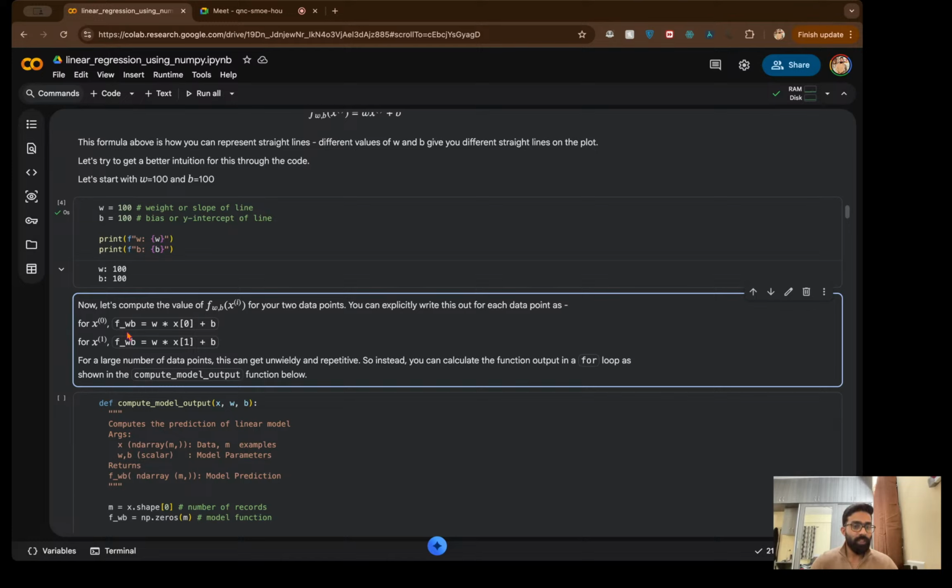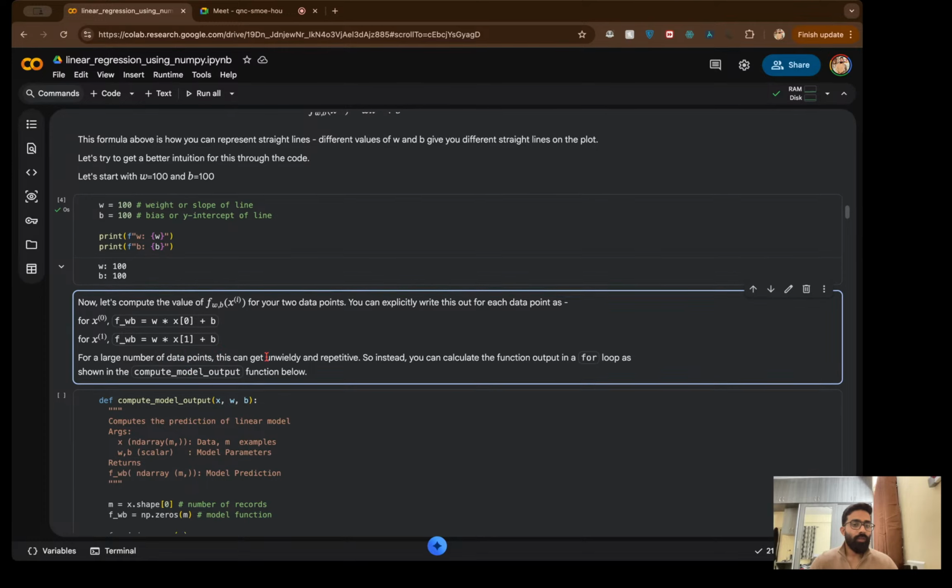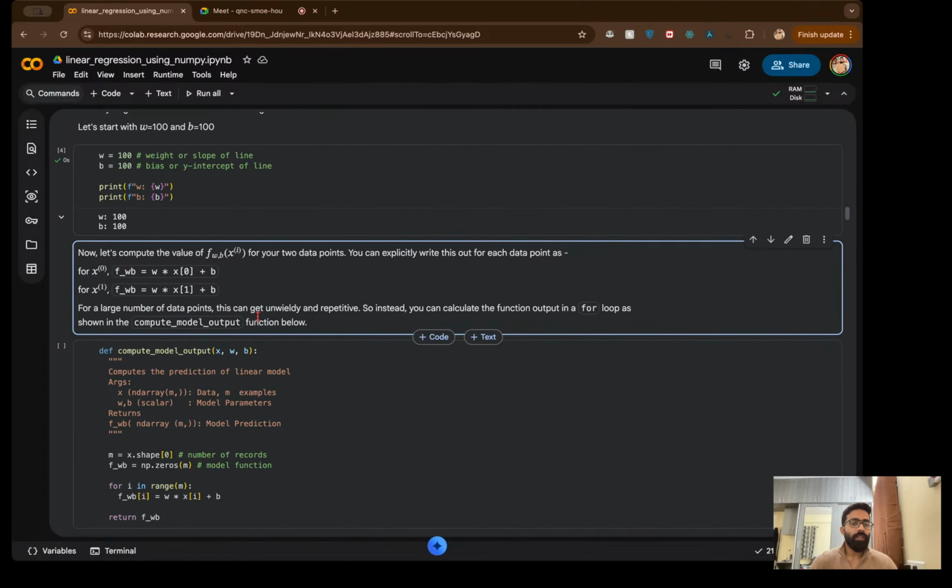That this function f fits this particular data point, x0, and it will give us the value of y0. For x1, f_wb is equal to w times x1 plus b. For a large number of data points, this can get unwieldy and repetitive.